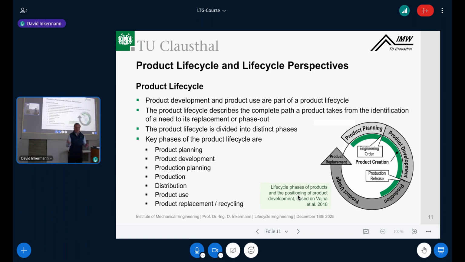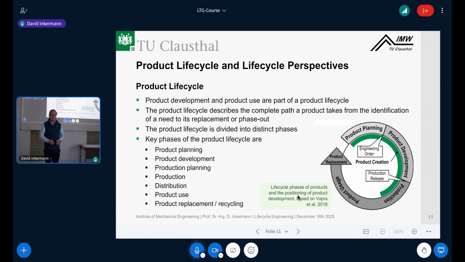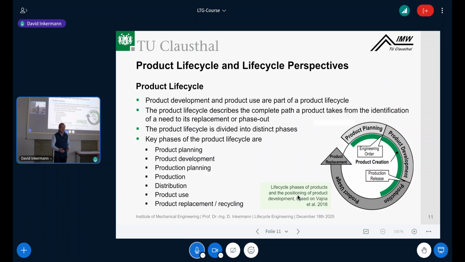And the life cycle itself, you will find a lot of models focusing on it, and I just brought again a very simple one. So like you saw before, it's about planning the product, developing the product, producing it, using it, and then there's a replacement. Other concepts are a little bit more detailed, distinguishing between the production planning and the production itself.